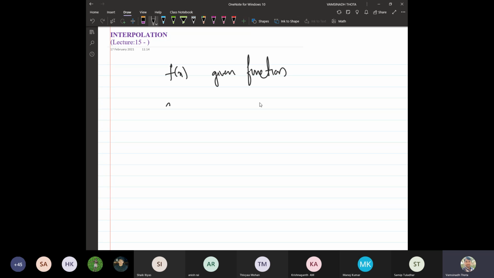We are going to approximate the given function f of x by polynomials, say p of x.